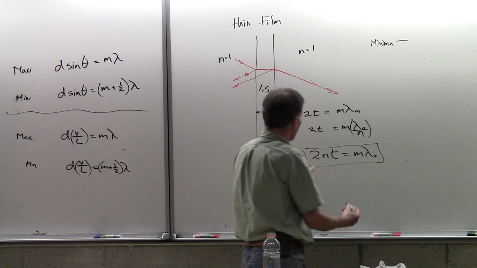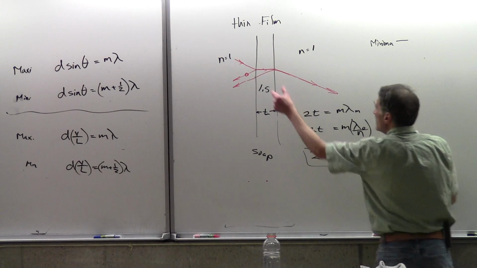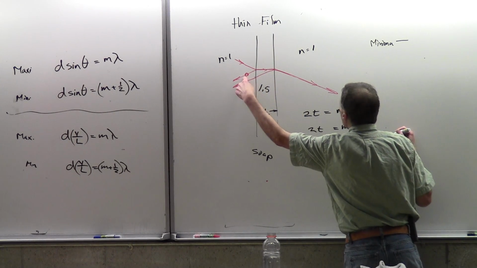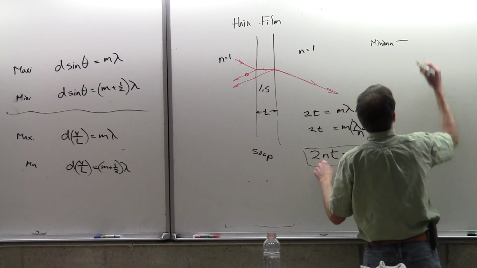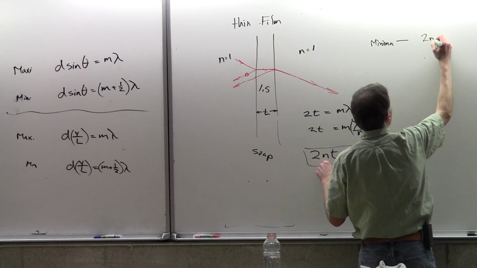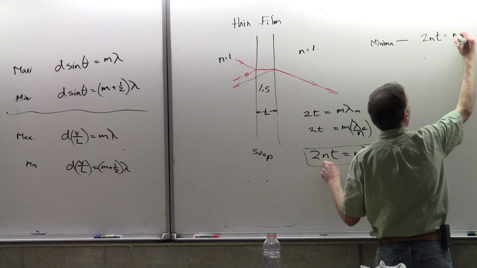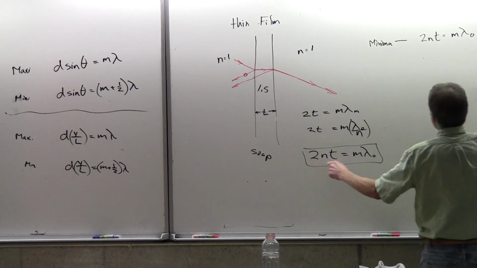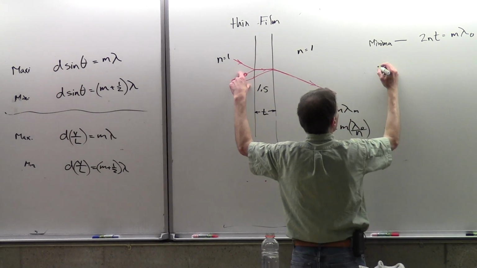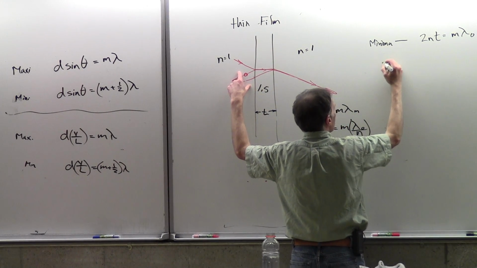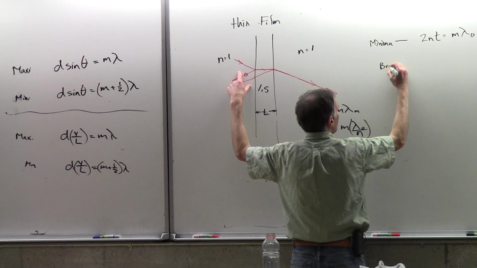So the idea is I've got a whole number of waves in this space. There's already destructive interference, so it's going to be a minima. Then I can write that for a minima, this 2nt is equal to a whole number of waves in free space. Now we can get a bright fringe, or a maxima, or maybe I'll just call it bright.